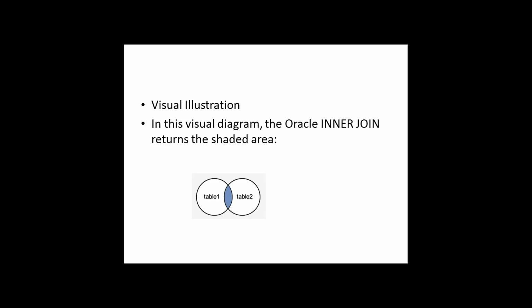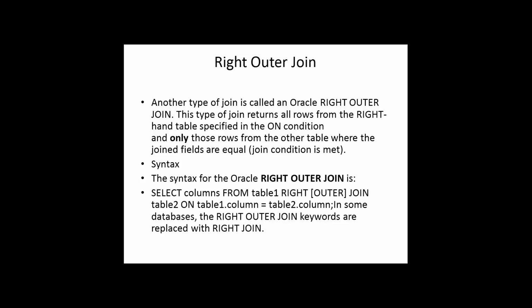Okay, so inner join is where both conditions are satisfied at the data level, and it retrieves only that information. Similarly, we have a right outer join, which returns all the records from the right hand side table.